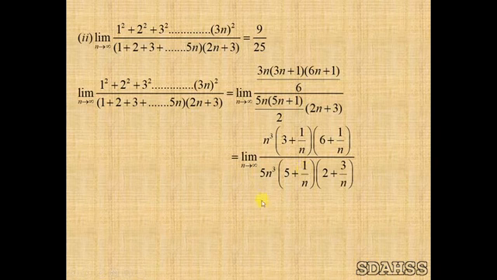Now apply the limit, so you have 3 into 6 divided by 5 into 5 into 2. Other terms are 0. Then if you multiply, you will get 80 divided by 50.